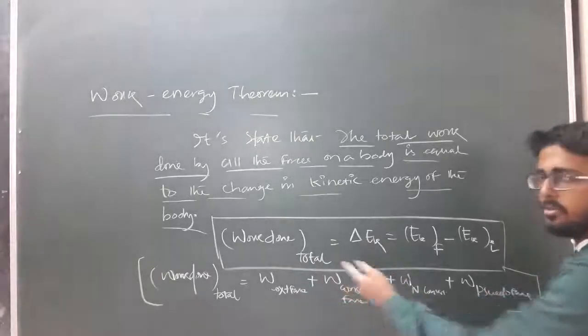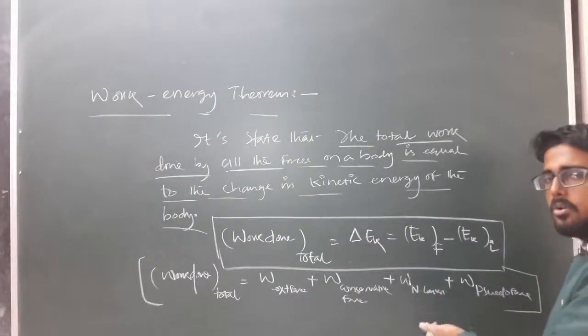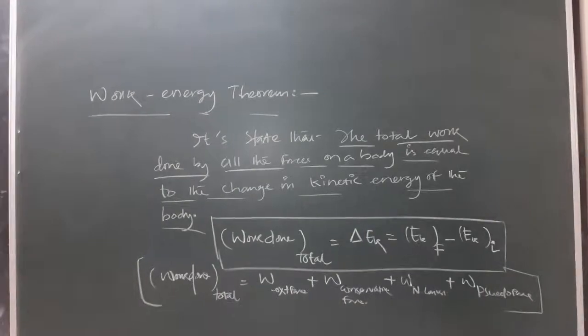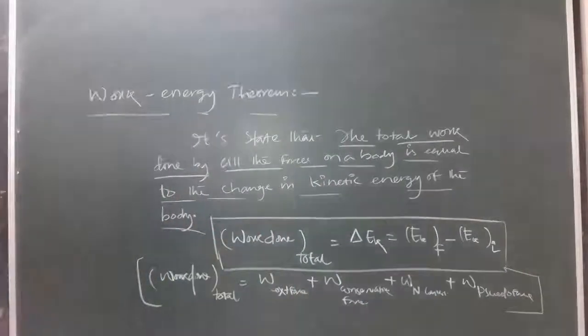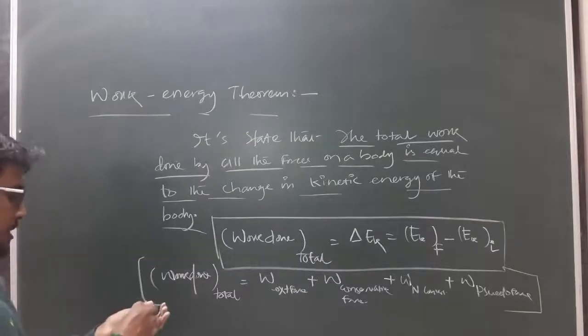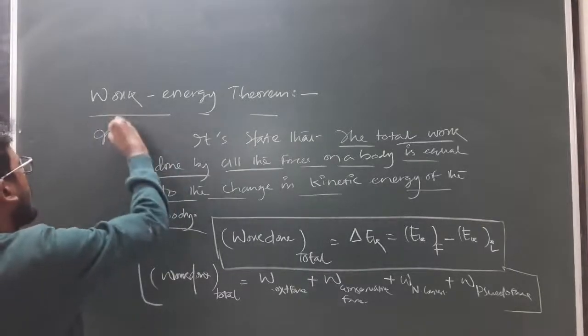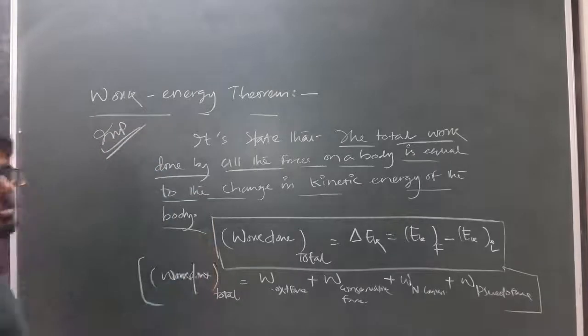It may be an external force, any conservative or non-conservative force, or any pseudo force if present. Clear? So this is what is known as the work energy theorem. You have to remember this, and it will help you solve many numericals.